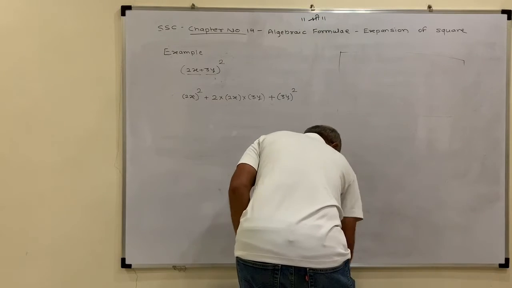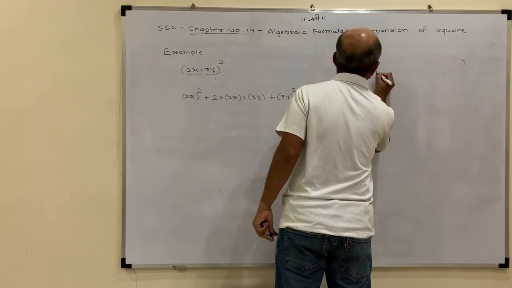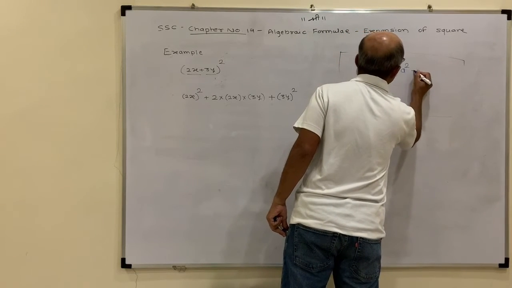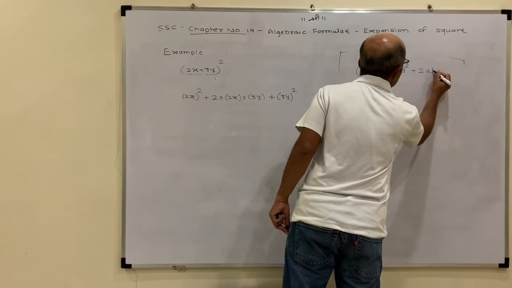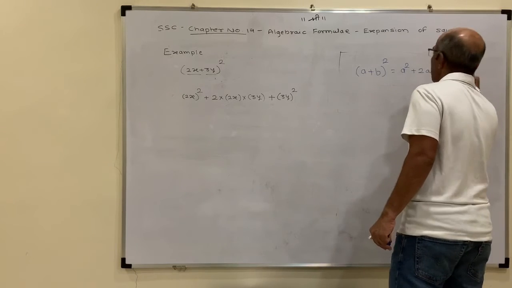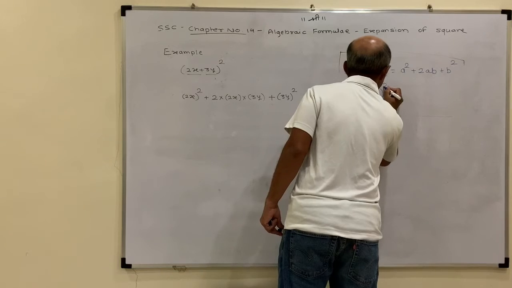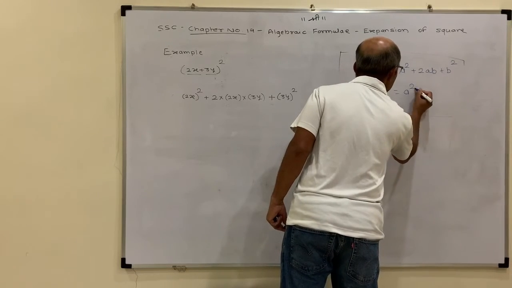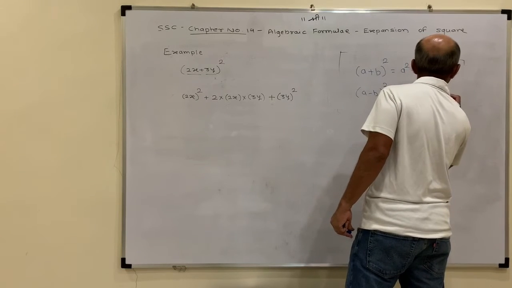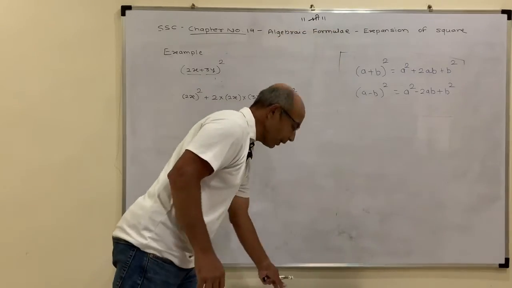I'll use something different. Now I would use the term (a + b)² = a² + 2ab + b², and (a − b)² = a² − 2ab + b². Right?